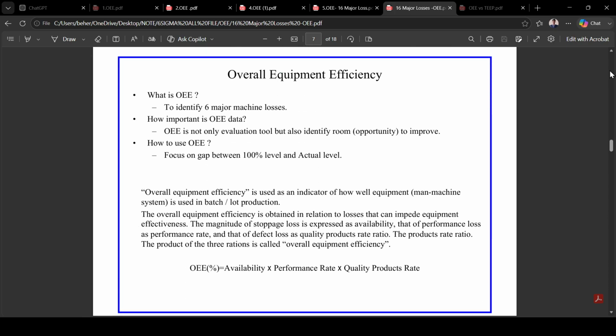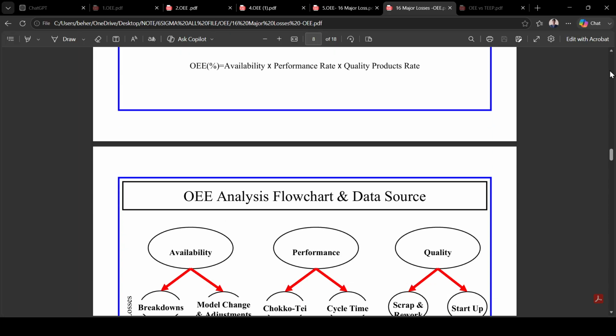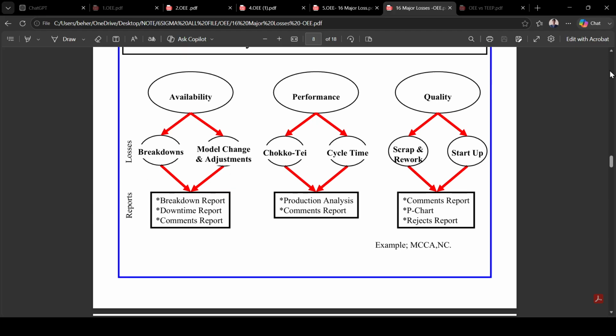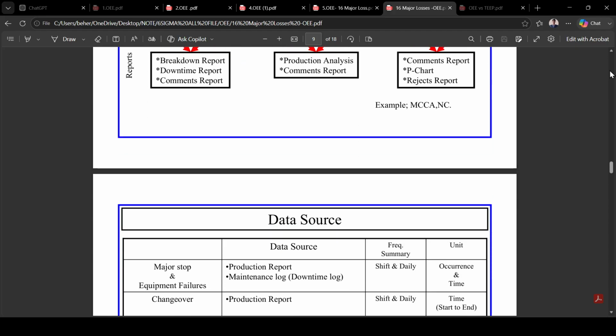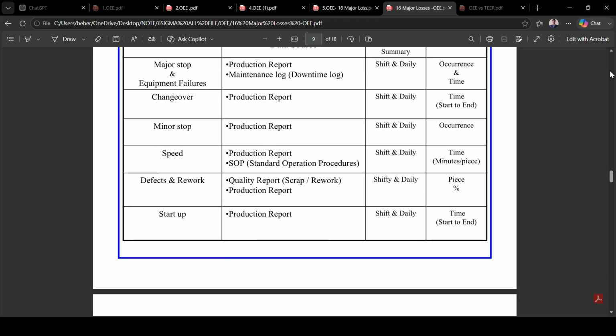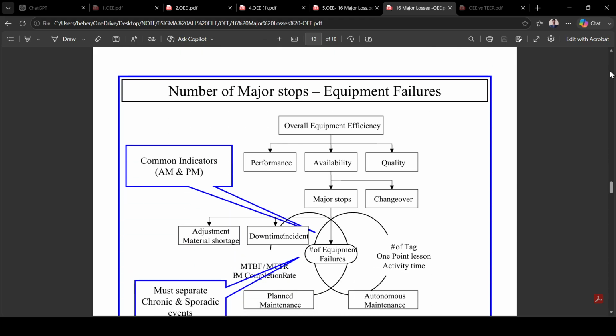Then overall equipment effectiveness. OEE analysis flowchart and data source. Data source. Number of major stops and equipment failures.